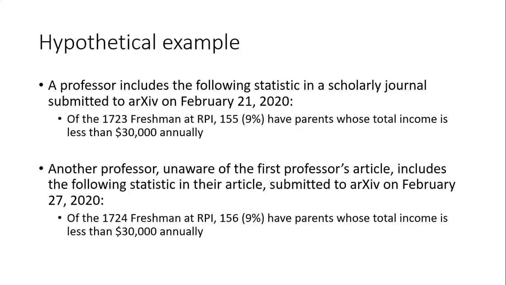But the problem is, if there's another professor who releases a similar statistic, maybe their research is in a completely different field, but parental income is relevant to their research as well. Another statistic released shortly thereafter that only differs by one this time: 1,724 freshmen, 156 who have parents with less than that income.